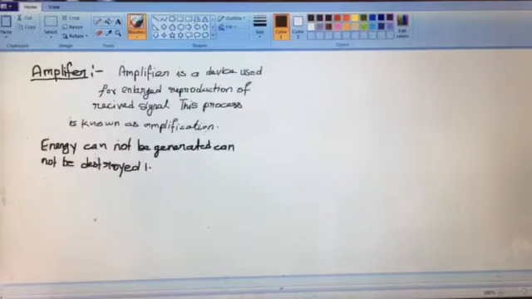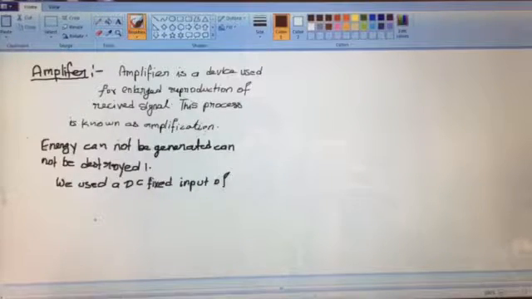In that case, how is it developing energy? So that's why we use a DC fixed input for amplification of the input signal.